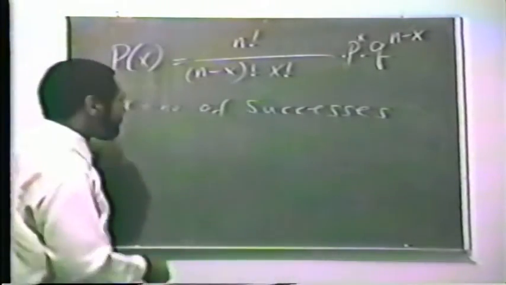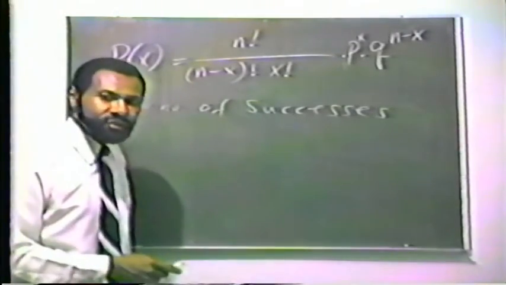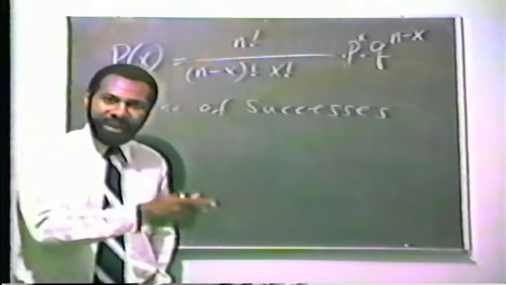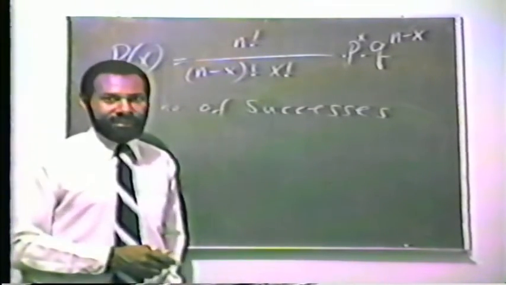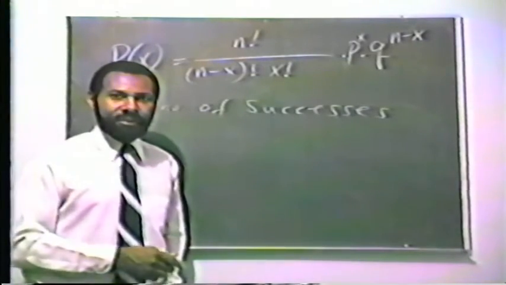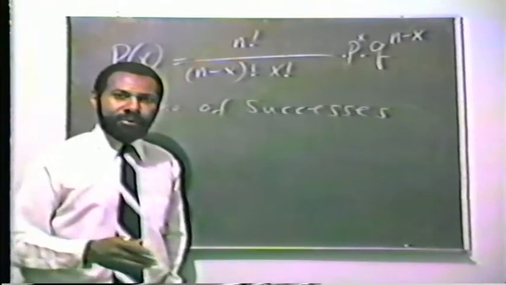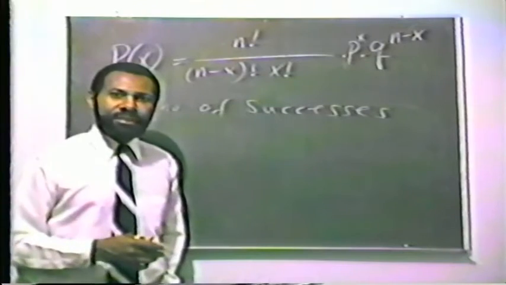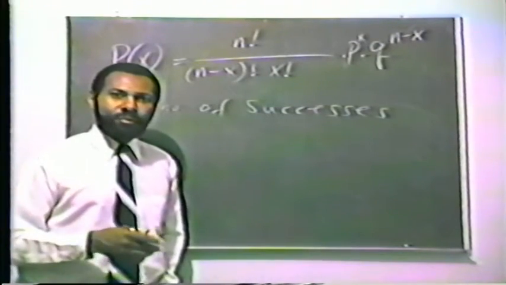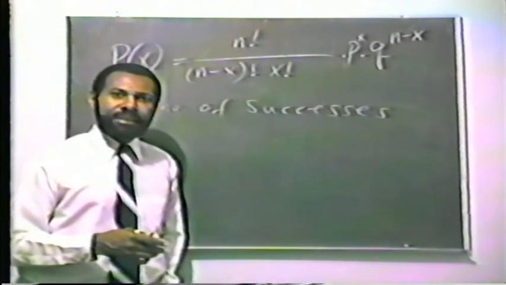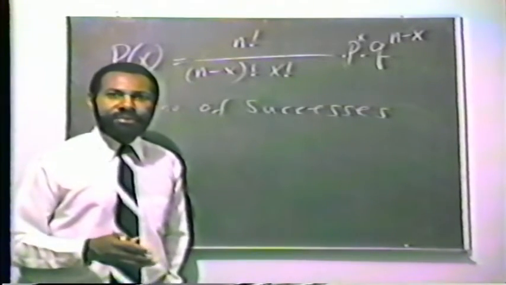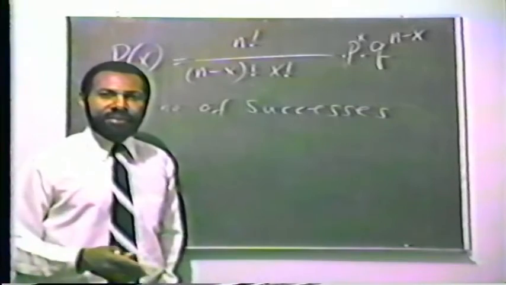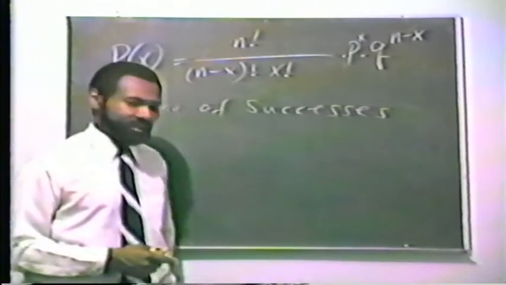Your X here represents the number of successes that you're trying to find the probability of. You might be trying to find the probability of 8 successes in 20 trials. You might have a sample of Republicans and Democrats, and want to find the probability of getting 4 Republicans in 8 trials, or getting 4 Democrats in 8 trials.